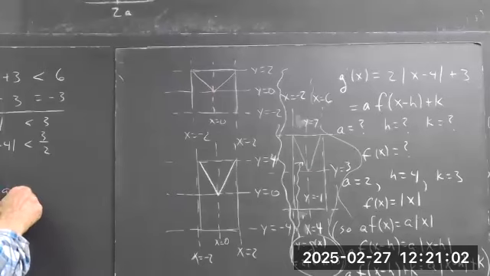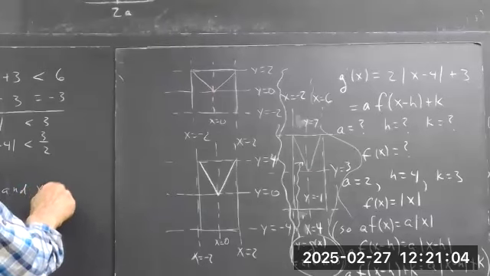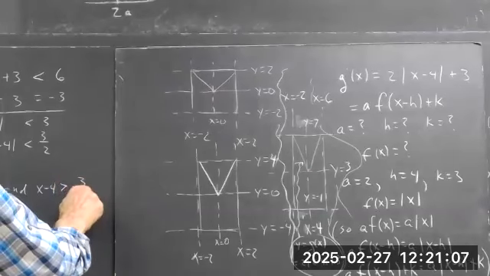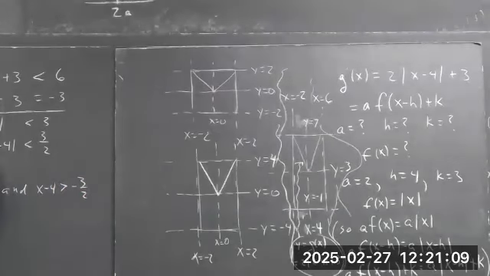And x minus 4 has to be greater than negative 3 halves. Like if x minus 4 was negative 10, its absolute value would be 10, which isn't less than 3 halves.